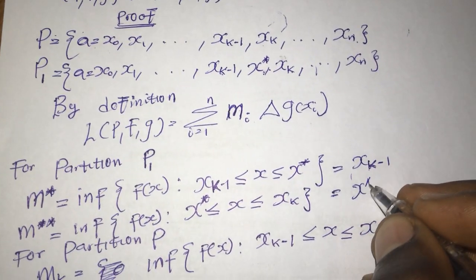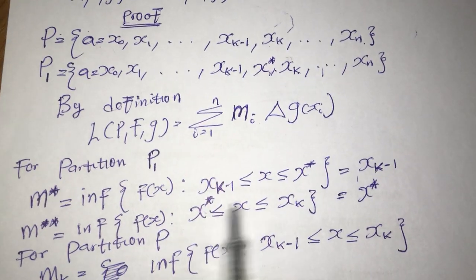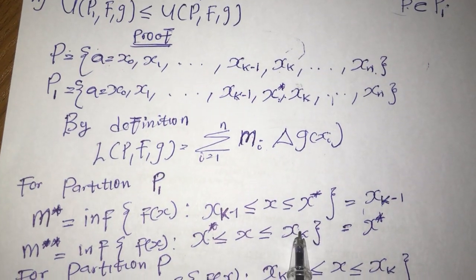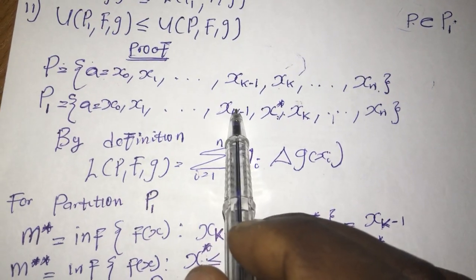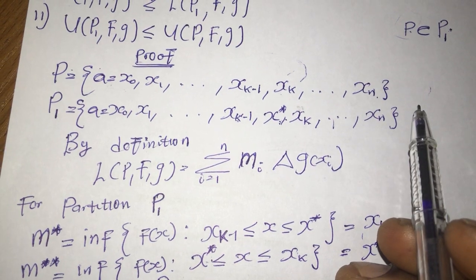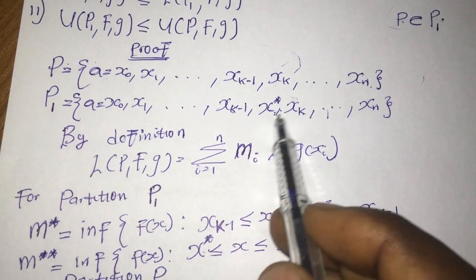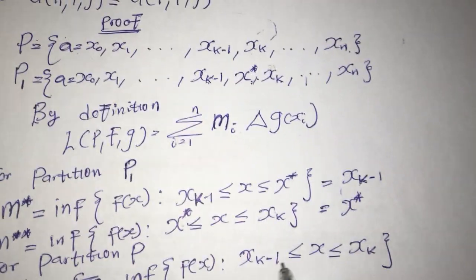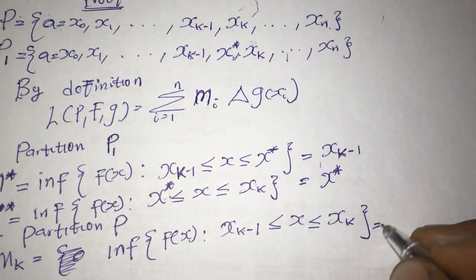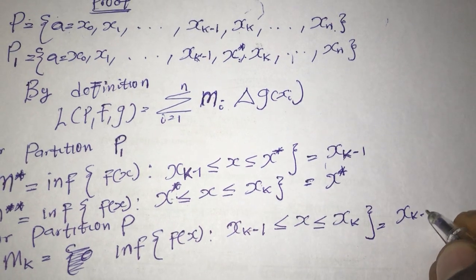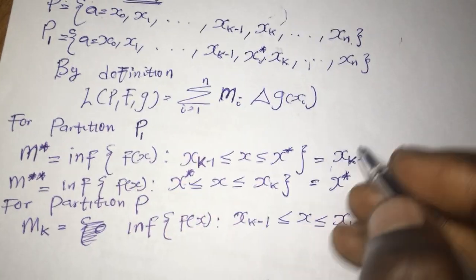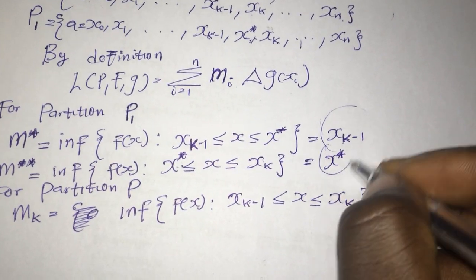It is x star, because x star is smaller than this. Look, x star is smaller. Do you get it? So the infimum will be x star. Now come here. What will be the infimum here? The infimum here will be s_{k-1}. So what do you think the function will be acting on? The function will be acting on each of these.